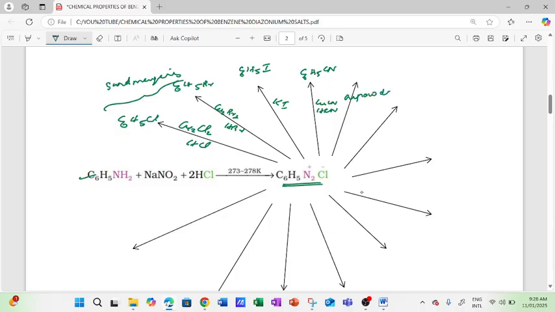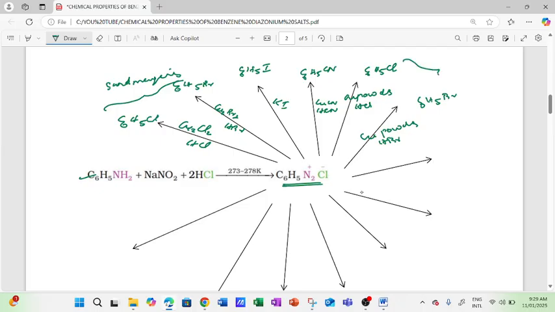Now, the next reaction: we add copper powder and HCl, and then we get C6H5Cl, chlorobenzene again. It means for chlorobenzene, two methods are there. One more reaction: we add copper powder along with HBr, so that we get C6H5Br, bromobenzene. Again for bromobenzene, there is a second method.